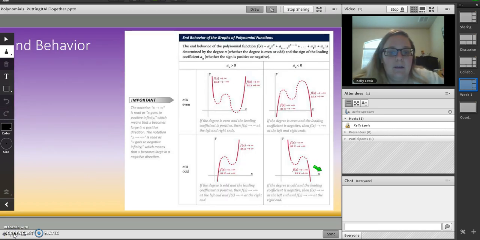And so the online book for ThinkWell, if you're using that, otherwise your book or whatever you're using as a reference, will have something very similar like this. And it says, okay, you can find out the characteristics of the end behavior if you know the leading coefficient and if you know the degree.